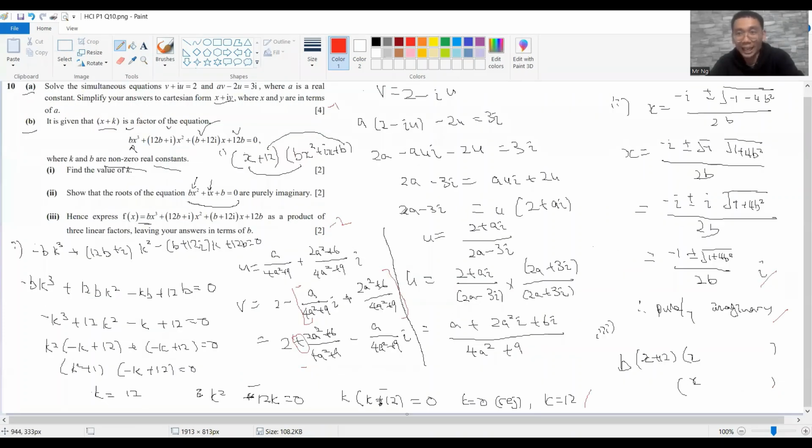Question 10. I'm quite lucky because part A and B are not associated. Usually when they phrase the question like this, it means it's under the same topic, but they are totally not related, so you will not make use of any information of A onto B. The mistake I made here is that V is 2 minus IU.